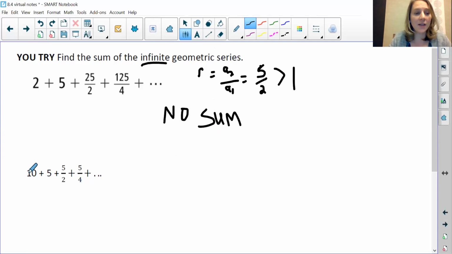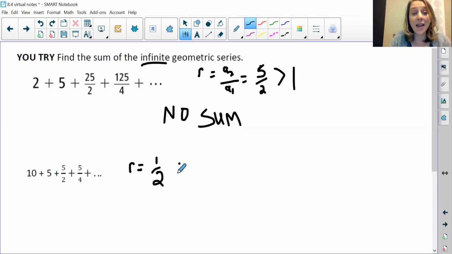All right, let's try this one. I see 10 and 5. Am I subtracting 5 each time? No, so it's not arithmetic. Am I multiplying by something each time? Yeah, here it looks like I'm multiplying by 1/2. And again, I can do 5/10, and that gives us the 1/2. So here I see the ratio is 1/2. So it is geometric.